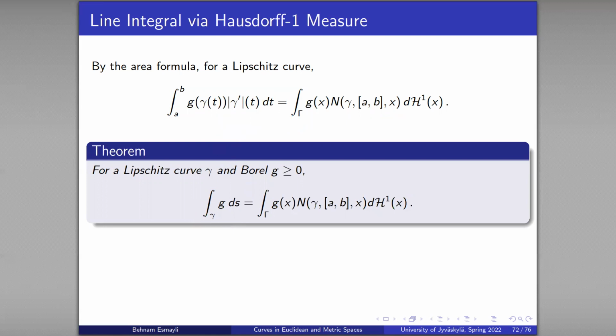Therefore we put these together and we get this theorem: for Lipschitz curves and Borel functions G, the line integral is integrating against dH1, except that you have to bring in the multiplicity. And in particular, if your curve is injective, then this line integral is nothing other than integrating against dH1 along the image of the curve.